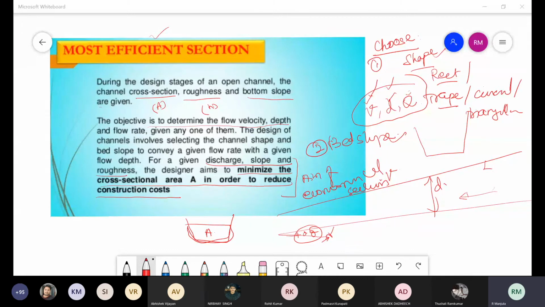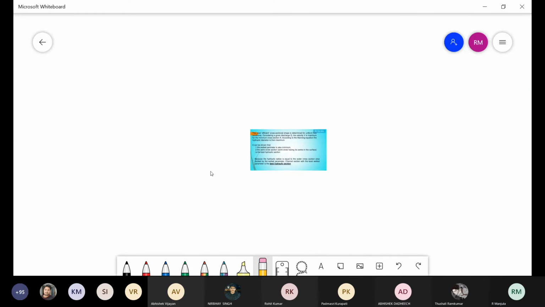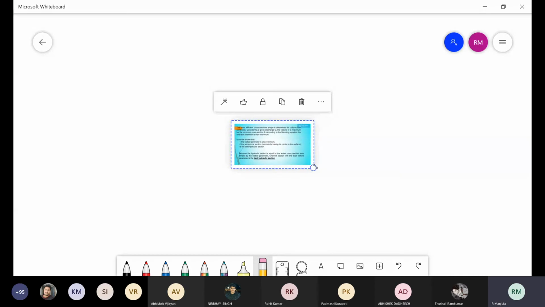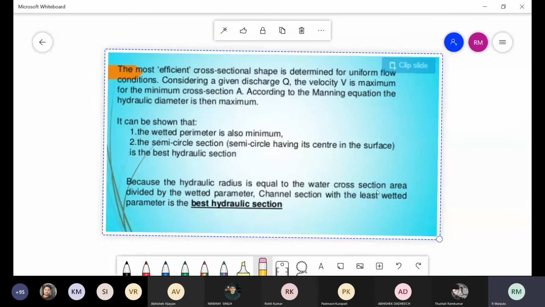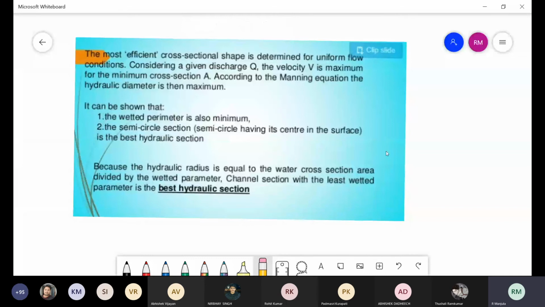And how will we actually do this? The most efficient cross-section shape, determined for uniform flow condition, is what we are going to discuss now.